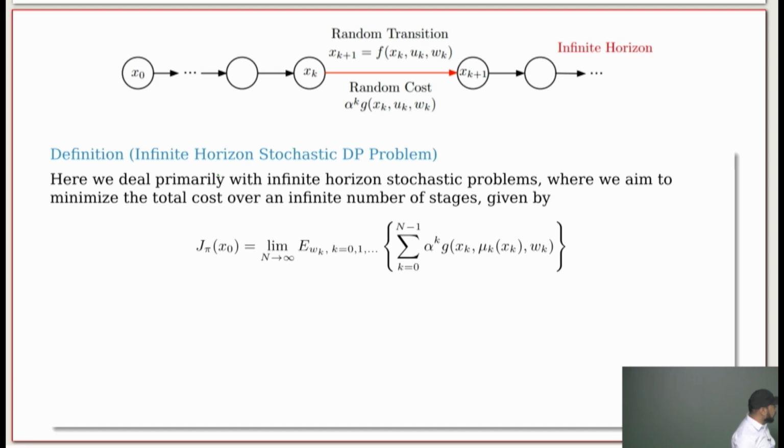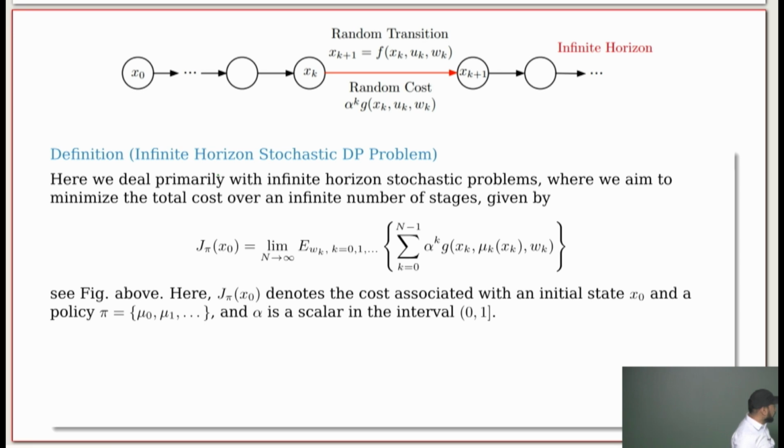In this case, we can look at this discounted reward setup. Here J pi of x naught denotes the cost with the initial state x naught and the policy pi, and alpha is a scalar in (0, 1). It is typical to put alpha between 0 and 1, and then depending on the problem you decide what could be a good alpha: whether the current cost is more important to you, or the past cost was more important to you. That helps you decide what the alpha could be.